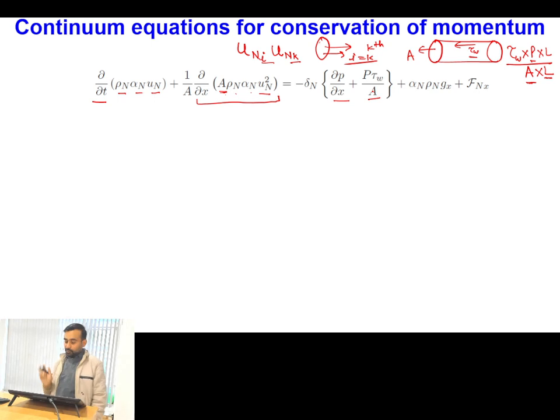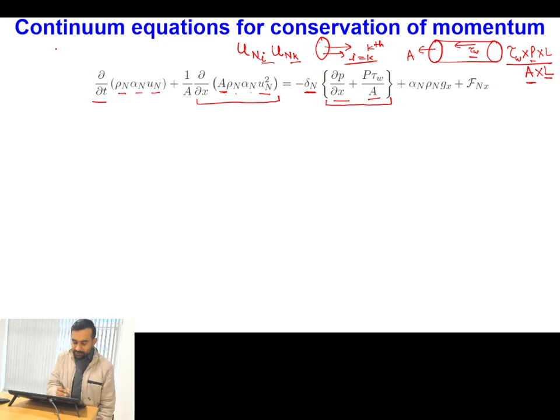Now, we know that this is the surface force which is acting across the boundaries of the control volume. This surface force will be applicable only for the continuous phase. That's why with this surface force I have used the Kronecker delta operator.